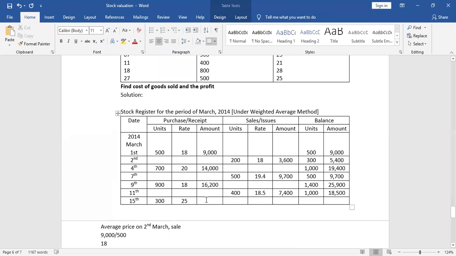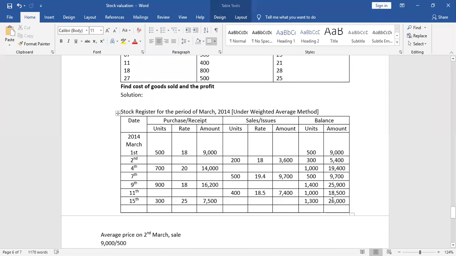How much is it coming to? 7,500. As soon as we purchase, we have to show it in the balance. So 1,000 plus 300 is 1,300, and 18,500 plus 7,500, how much is it? Is it 26,000? So this is also done.